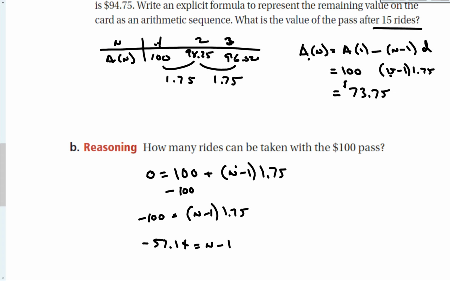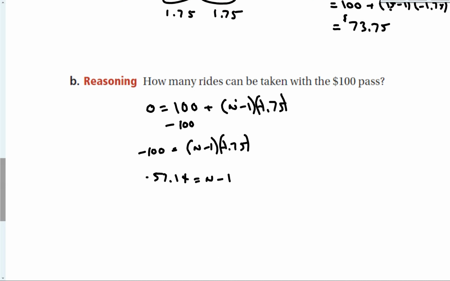This is the common difference. Oh, sorry. The common difference is negative 175. Sorry about that. So when I divide this out, this negative, negative turns positive, and now this makes more sense. Okay, because it would be weird to have a negative number of rides.